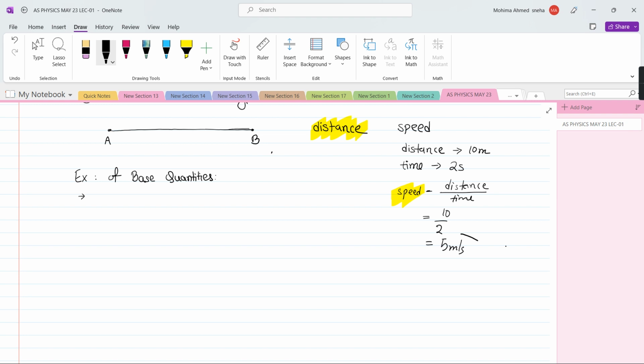Examples of base quantities are mass, obviously distance and time, temperature, luminosity, and amount of substance.